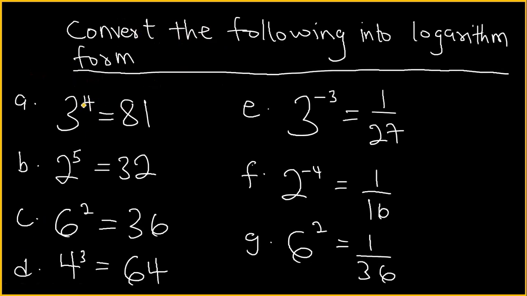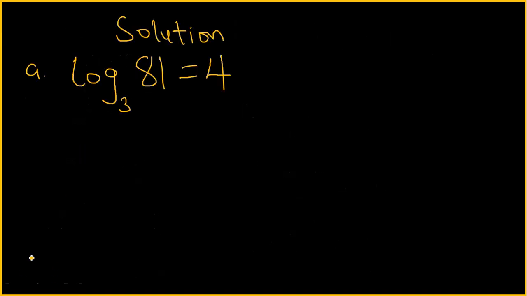So log of the result to the base 3 is equal to the power 4. Log of our result 81 to the base 3 is equal to the power, which is 4.